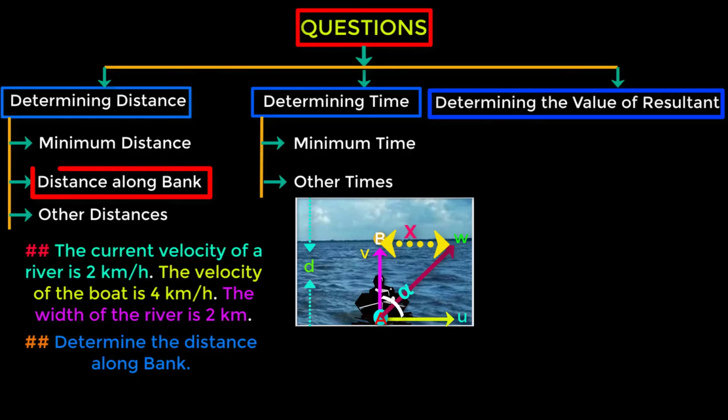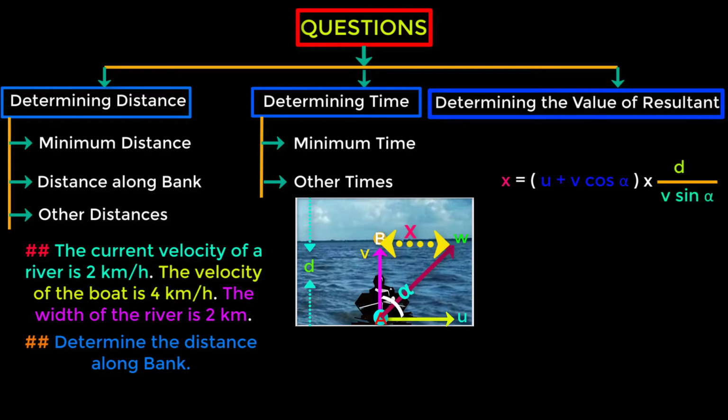For this type of math, we will always apply only one formula, and that is x equals u plus v cos alpha times d over v sin alpha.